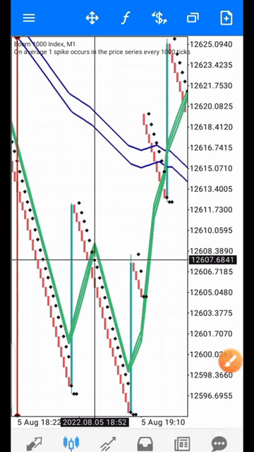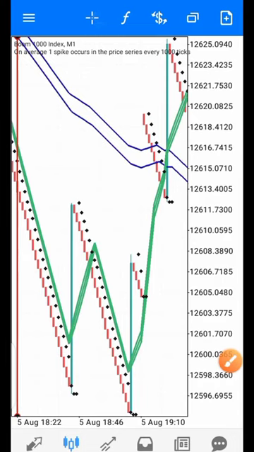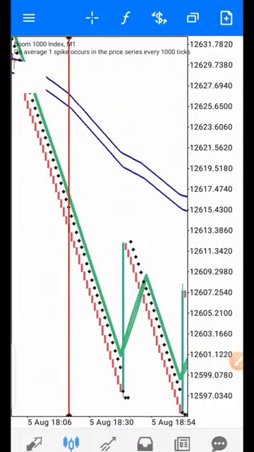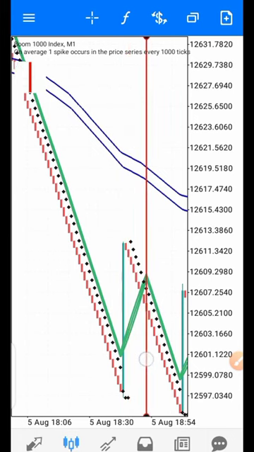You understand? Let me put this horizontal line there. Sorry for that. You will enter from here. Then you will count your 5 candles. Count your 5 candles and leave the market alone after your condition has met.